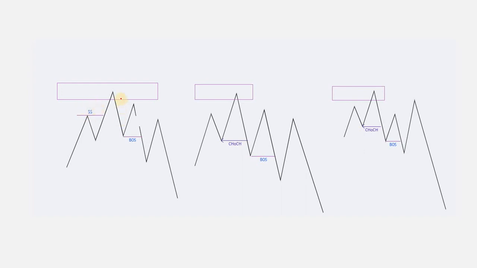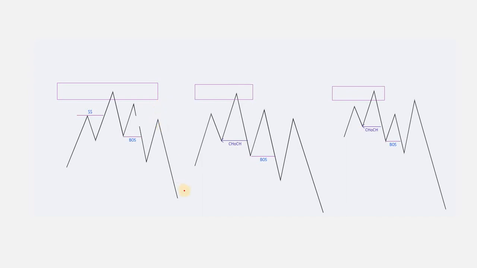The next thing we're looking for is price to trade below this short-term low to confirm the bearish move. We also focus on the leg that led to the break of this short-term low to find imbalance. Once we find imbalance, we expect price to trade back to that imbalance.